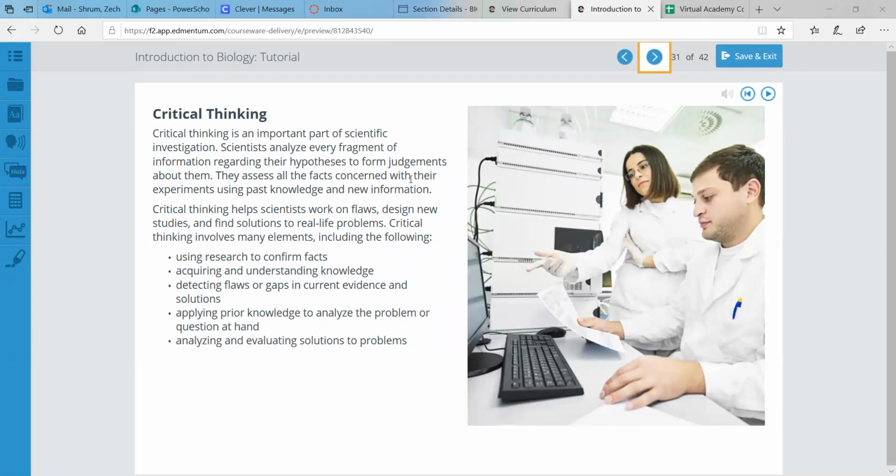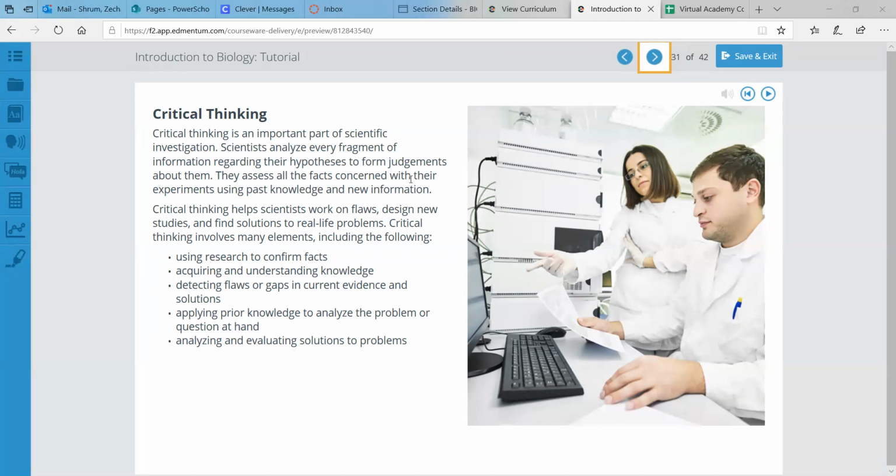Thinking critically. So using past knowledge and new information, you got to look at every piece of information you can get. And looking at flaws or designing new studies that avoid these flaws and find solutions to real life problems. The more research, the more you can confirm facts.